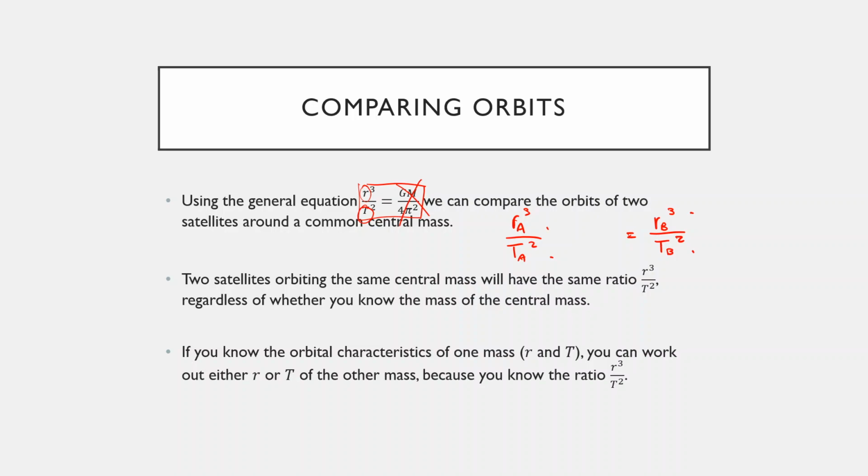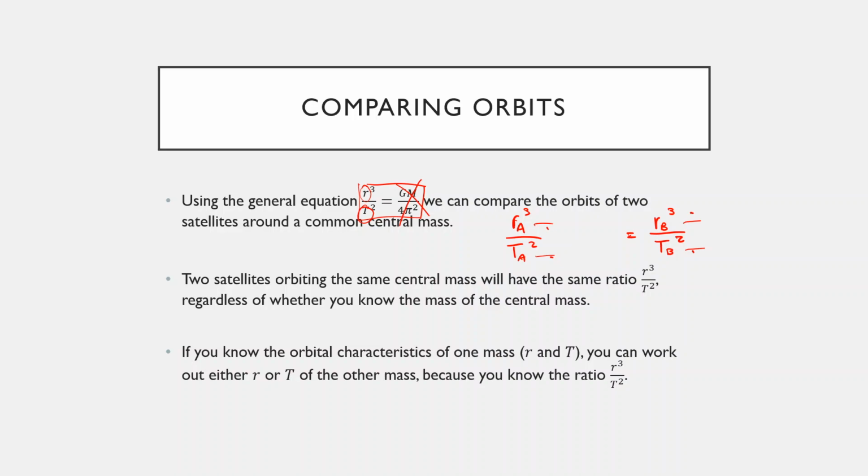All right, the other cool thing is you don't have to convert units to SI units so long as you keep the units of radius the same and you keep the units of period the same. The period could be in days, could be in weeks, hours, minutes, seconds. Doesn't really matter, right?